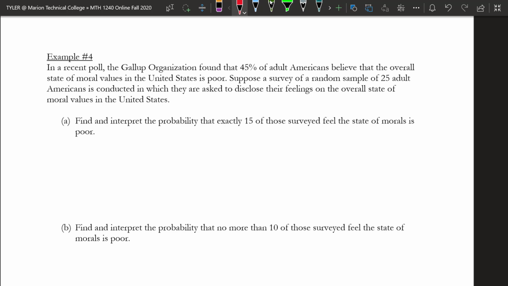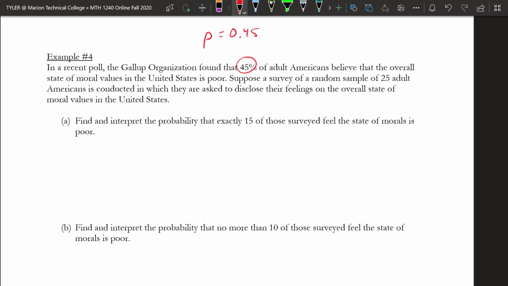So we want to be able to label what's given. This 0.45 value would be your p, the probability of success. And you want to pay close attention because sometimes the percent given is not a success, it's the failure rate, so you'd have to take 1 minus that value to find the p value.